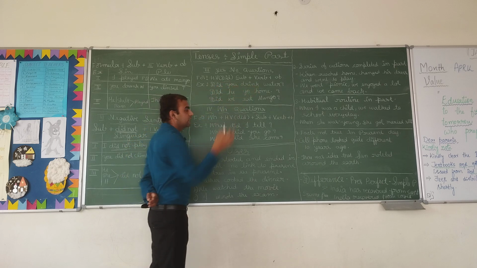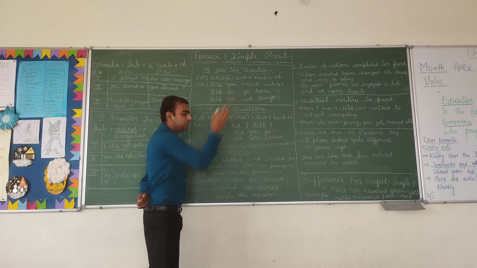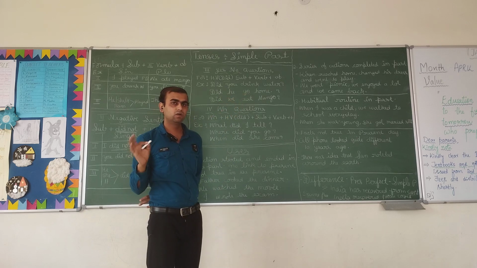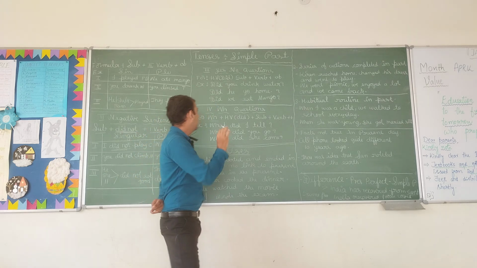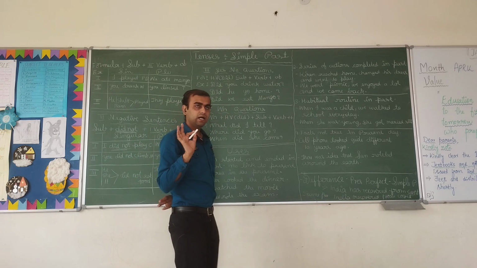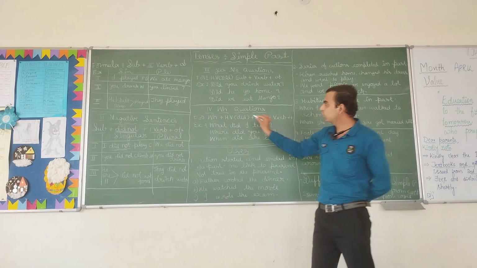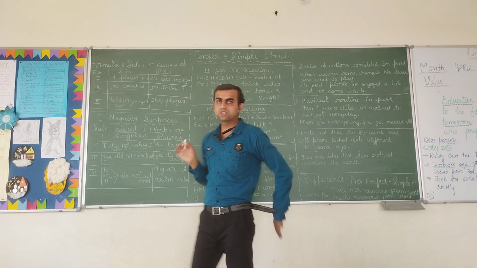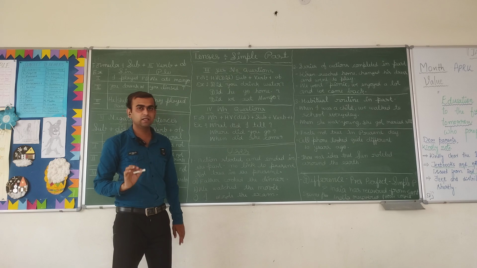Example, did you drink water? Did you go home? Did we eat mango? Etc. Is it clear? Now fourth, I'll ask how to make WH questions in the simple past tense. The formula is, first we have to write a WH word.